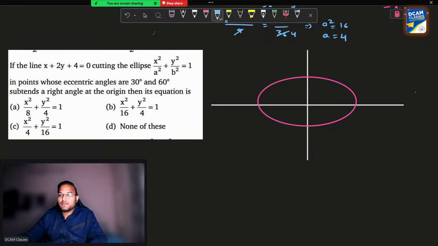Things are not working perfectly. This is 30, this is 60. How is it possible?